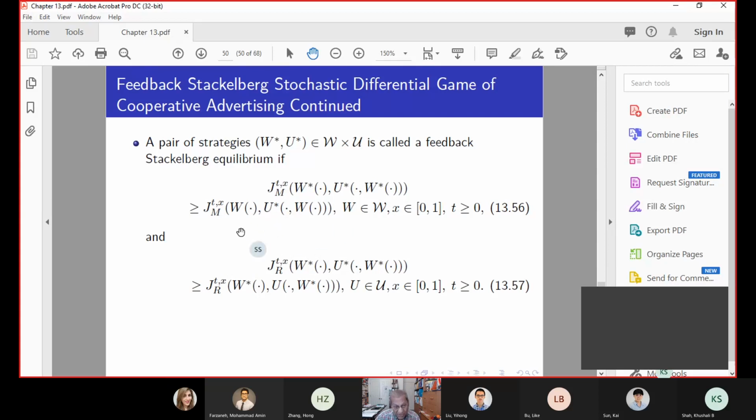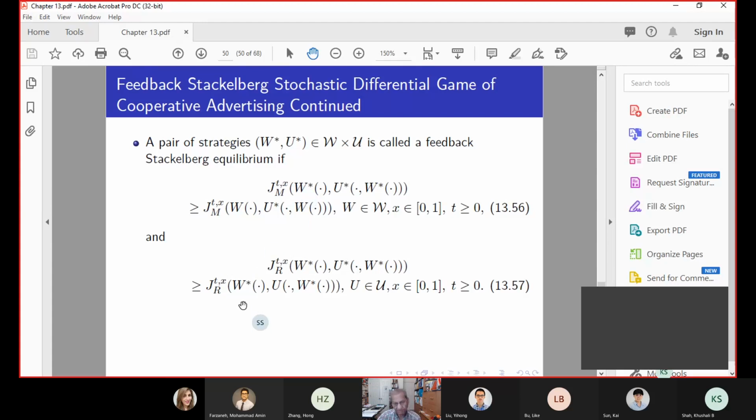I changed the w star to w, and I have the definition from the previous slide. So I can do the inequality, and I can say that for every w and for every x, this guy is worse off if he changes w star.